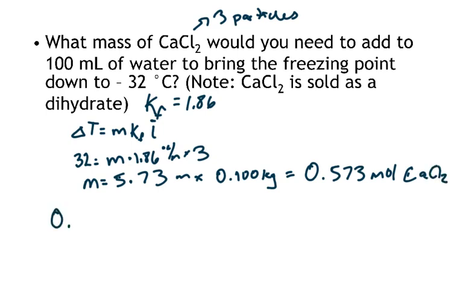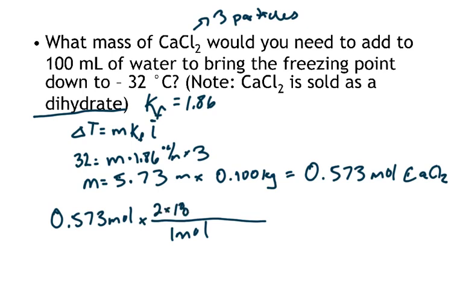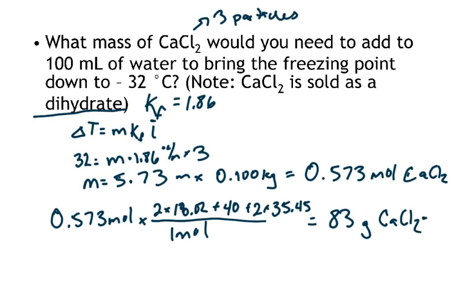Then I can take my 0.573 moles times 1 mole, and then my molar mass, I have a dihydrate, so I need 2 water molecules plus my calcium plus 2 times 35.45 gets me 83 grams of calcium chloride dihydrate.